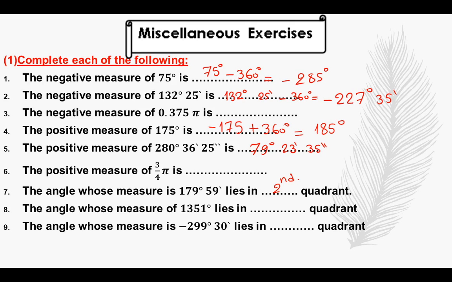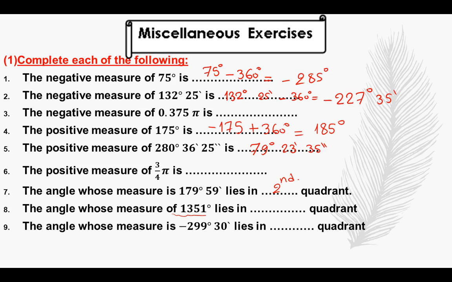Okay, the angle whose measure is 1351. Again, we don't have an angle of measure 1351, so we have to put it in the form of an angle from 0 degrees to 360 degrees. So here you have to subtract 360.